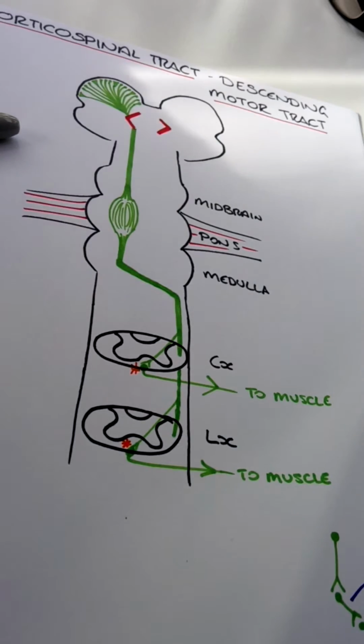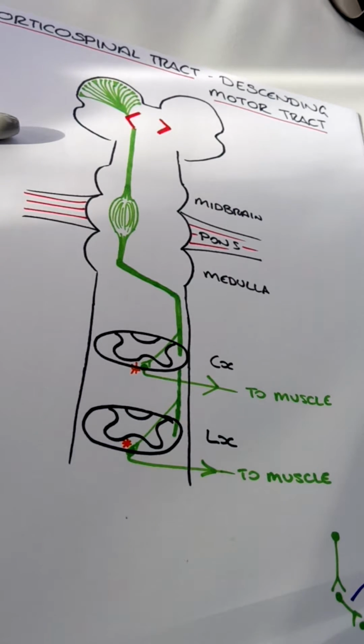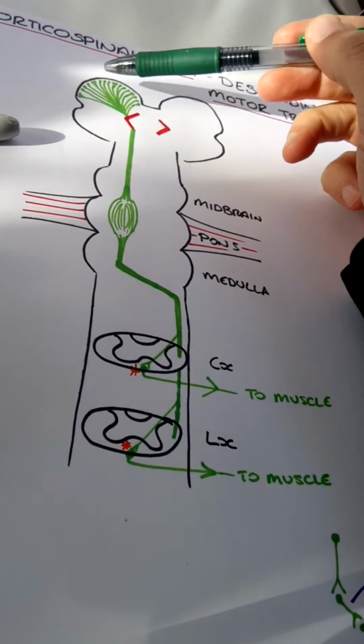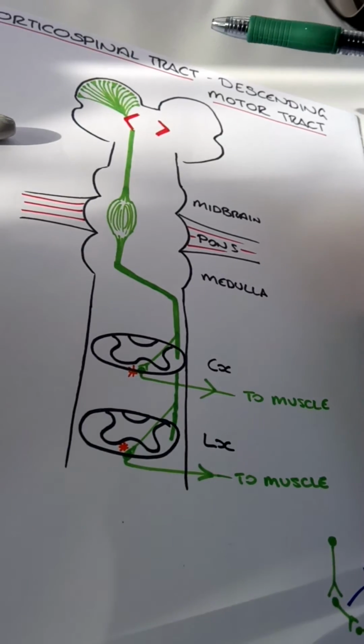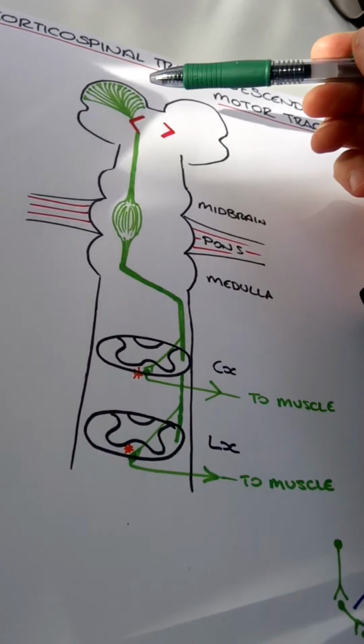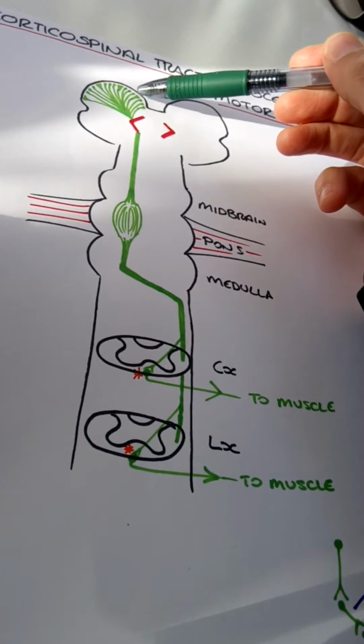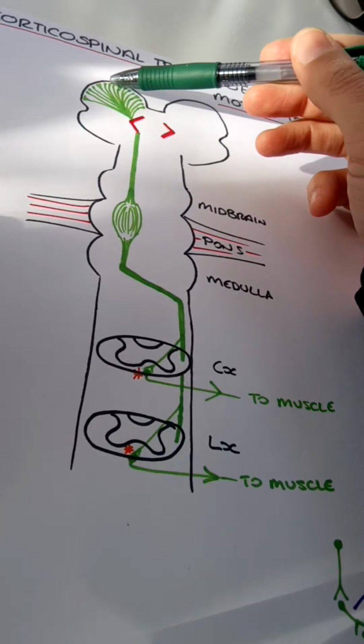If you should have a lesion somewhere in the cortex, that's going to have very specific consequences because they're all separate up here.